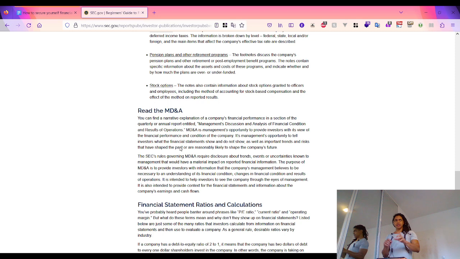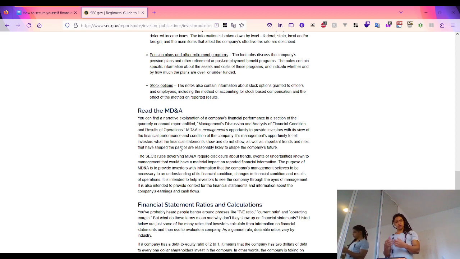While the income statement can tell you whether a company generates revenue, a cash flow statement can tell you whether a company generates cash over a period of time.